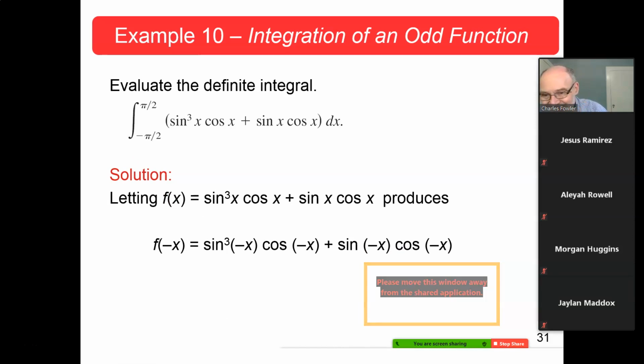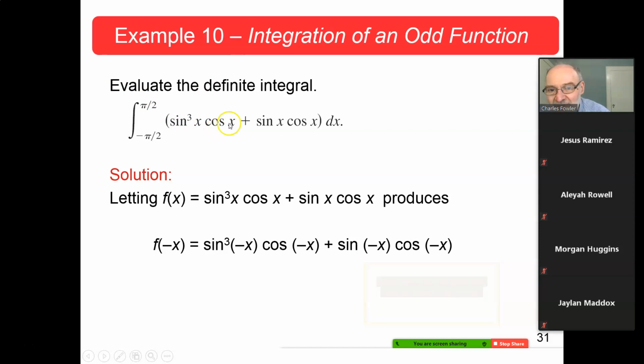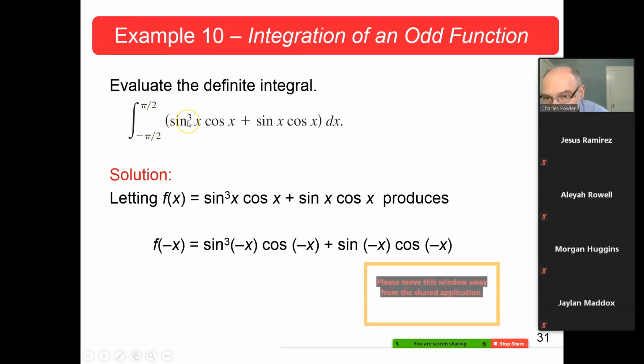All right, I was afraid they were going to do that. What is the most complicated part of this function here? The cubing part. What's the innermost part of that cubing part? Sine x. Let u equal sine x. Well, no, they're not doing it that way.